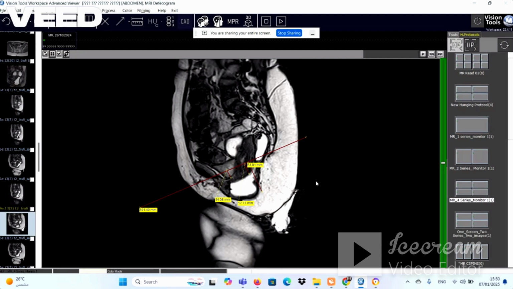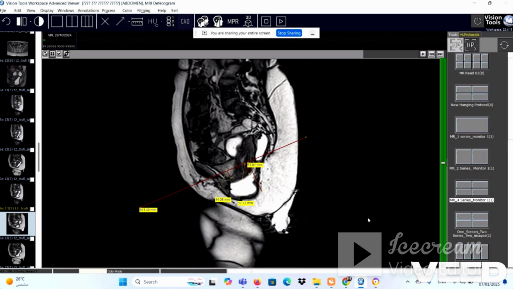Also, the uterine cervix is below the PCL. It measures about 1.7 centimeter. Applying the rule of 3 as well, it is a mild degree of descent of the middle compartment.